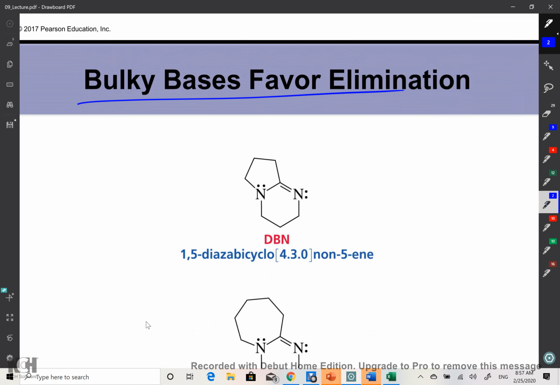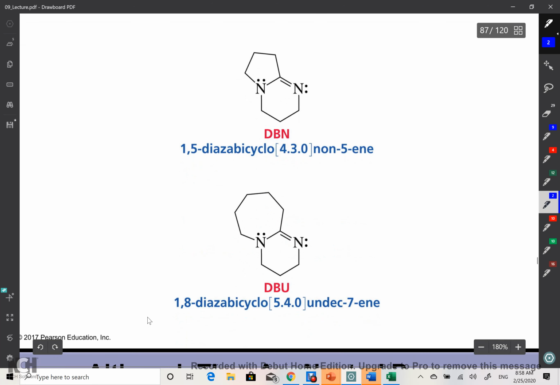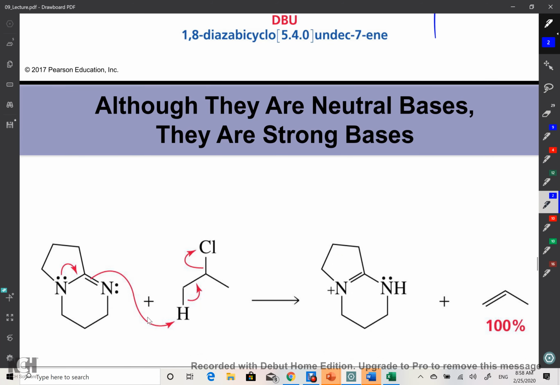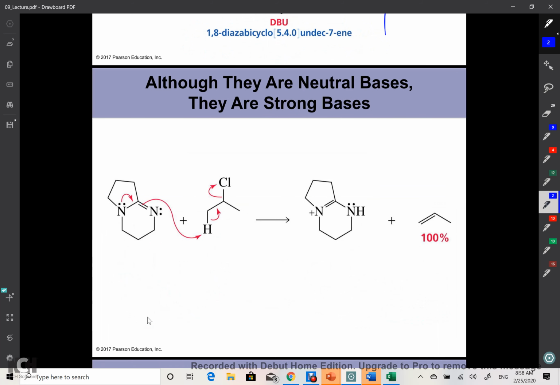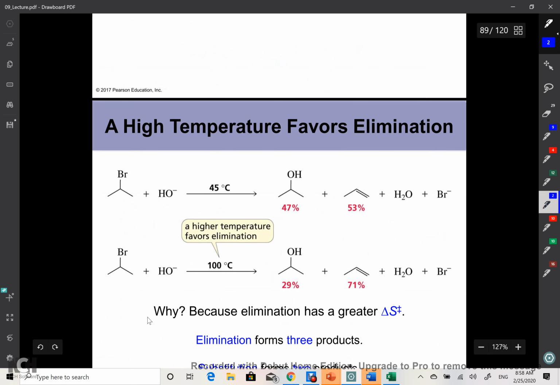So a bulky base will favor an elimination reaction. Whether a bulky base or a bulky alkyl halide, so long as it's bulky, it favors an elimination reaction. And so these are two examples of bases that are really bulky. DBU and DBN, those are examples of really bulky bases. So they will favor an elimination reaction. This is just for your information, how that bulky base reacts. We don't need to worry about that one.